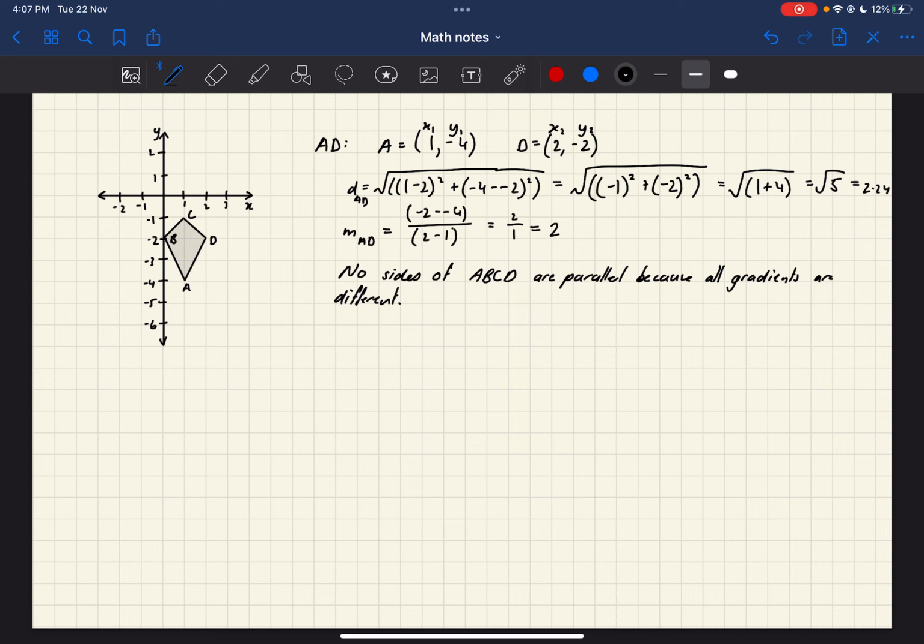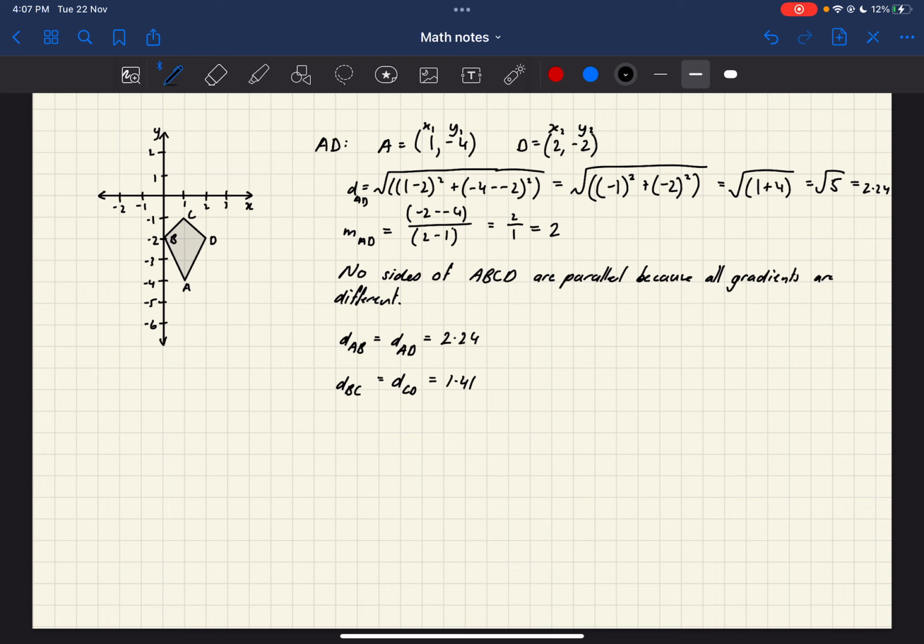So the distance of AB is equal to the distance of AD because they both equal 2.24. And the distance of BC is equal to the distance of CD because they both equal 1.41.